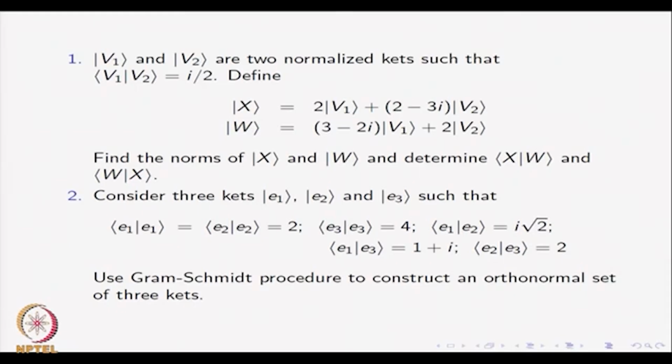Okay. 3 eigenkets are given to you such that you are given the relations of each eigenket with each other respectively, and using the Gram-Schmidt procedure you have to construct an orthonormal basis of these eigenkets. So, in order to calculate the orthonormal sets of these 3 kets, what one does is use Gram-Schmidt, which will project out each component in terms of the orthonormal vectors.